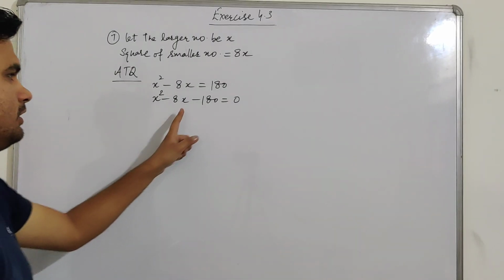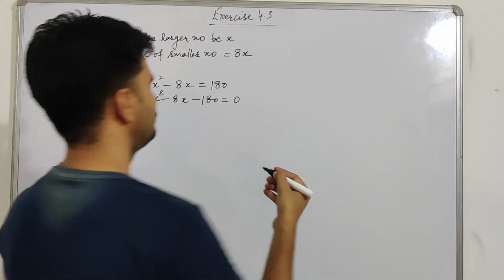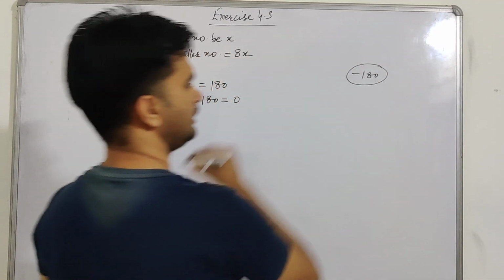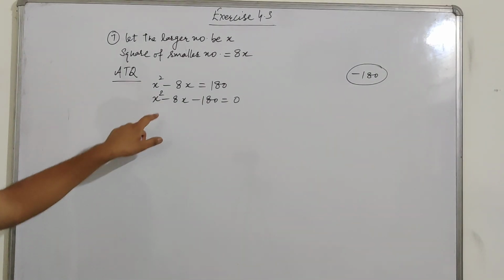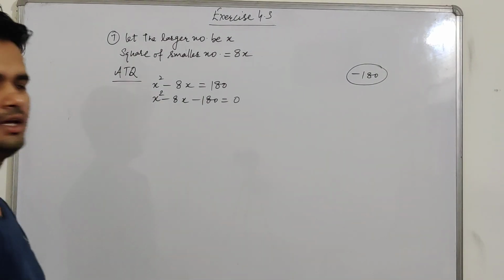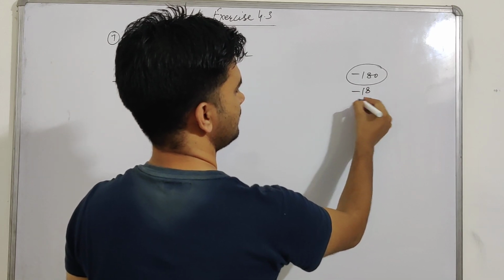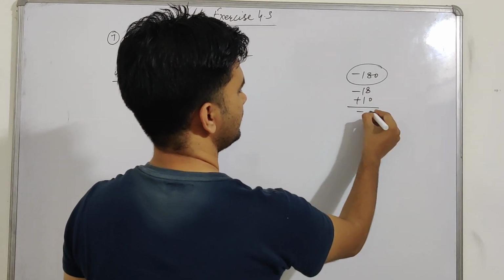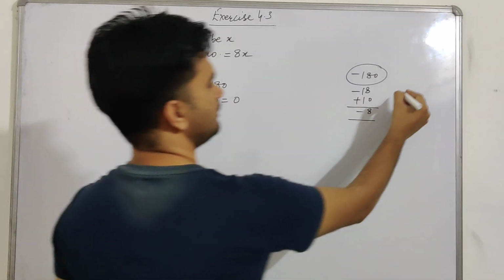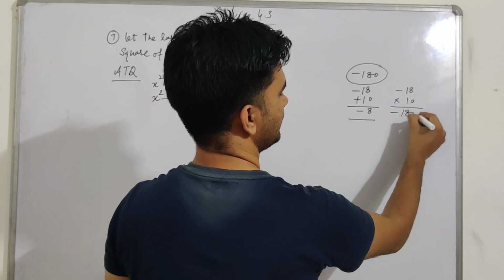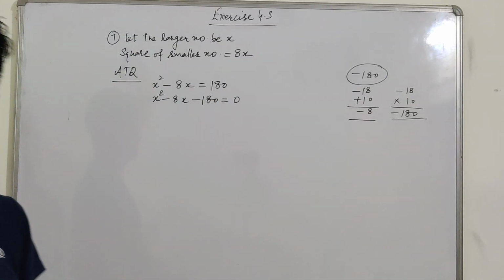We need two numbers whose product is minus 180, and after doing addition or subtraction I need minus 8 from those terms. See, minus 18 plus 10 is minus 8, and minus 18 into plus 10 is minus 180.